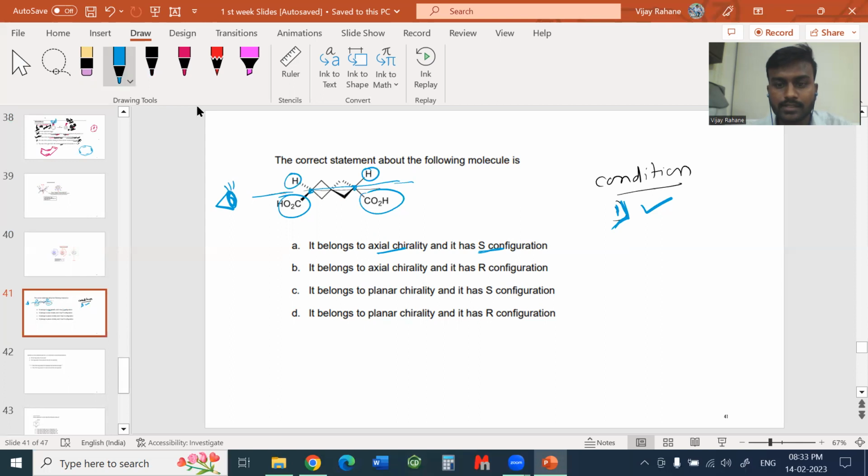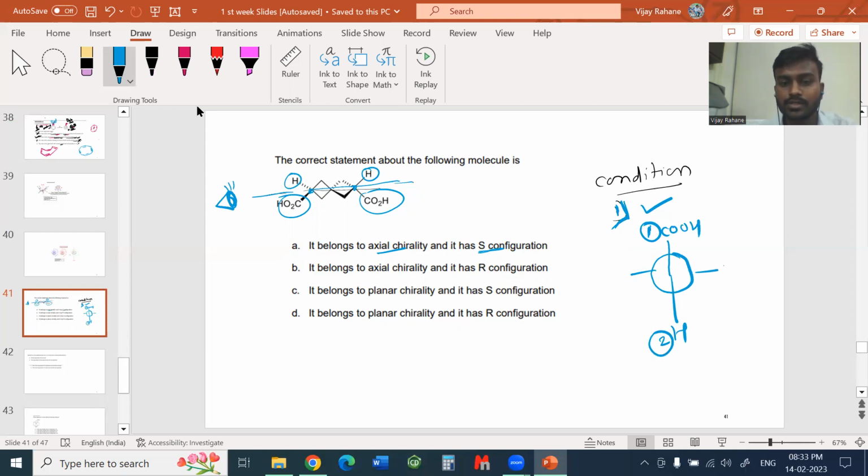So how will it look? Let's draw it like this. Methoxy is above the plane. Sorry, CO2H is above the plane, and hydrogen is below the plane. According to the CIP rule, CO2H has priority 1 and hydrogen has priority 2. When you look from this side, how will it be?